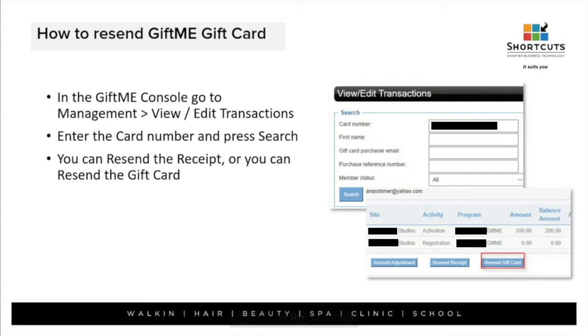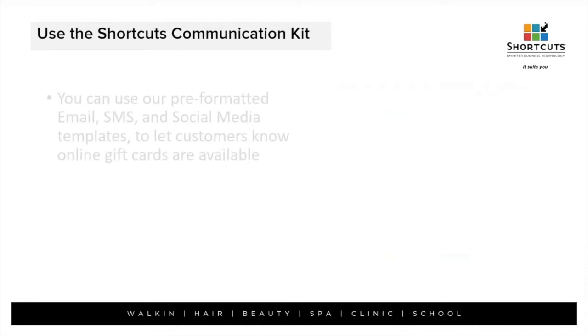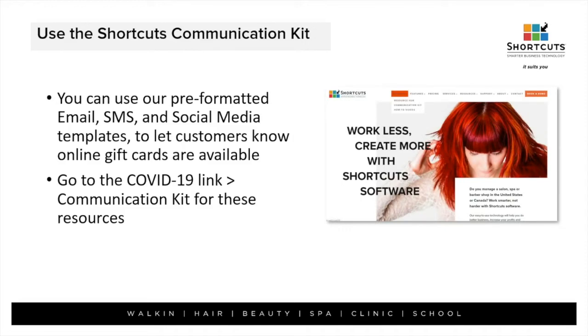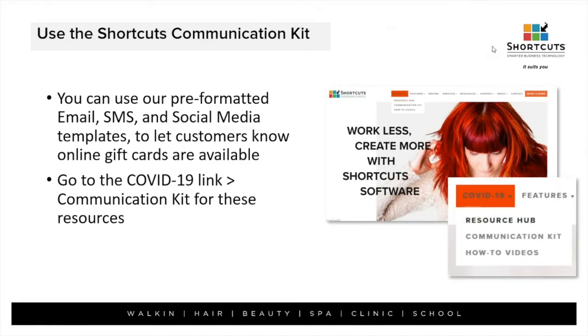So how do you let your customers know that you have this new feature available? Of course you want to let them know via email. You want to let them know on social media. Shortcuts has started gathering information, pictures, templates, and text that you can send in our communication kit. If you go to the Shortcuts webpage, www.shortcuts.net, you want to go to our COVID-19 link, and we have a communication kit.